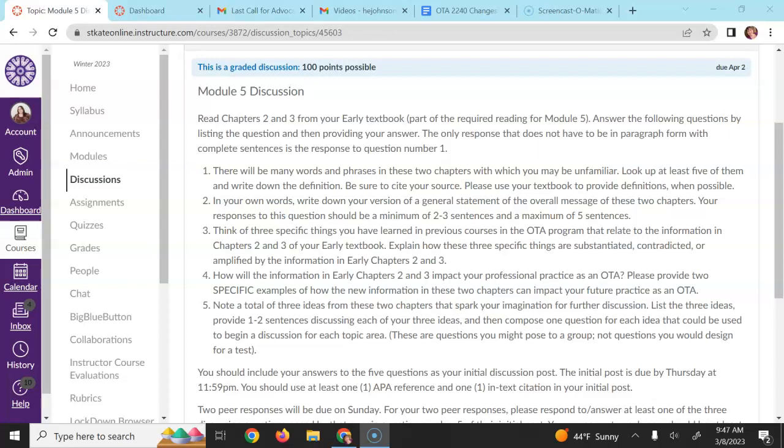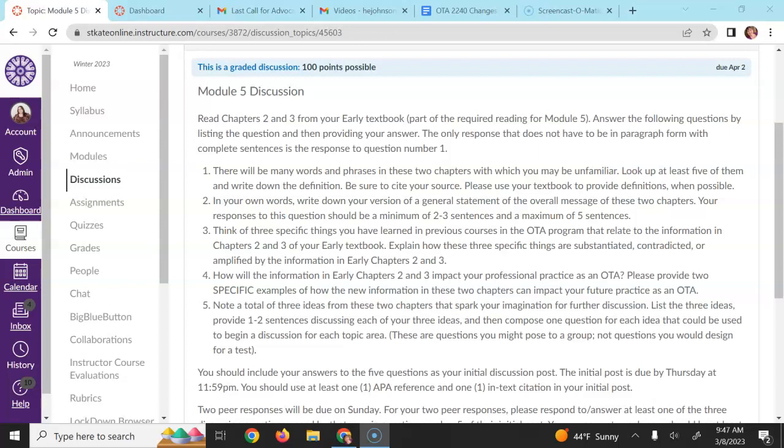For that one, you can list it in bullets. But for questions 2, 3, 4, and 5, I want you to put those in complete sentences and paragraphs under the question. So for question 2, you copy the question, and then you give me your answer below it in a complete paragraph with complete sentences.